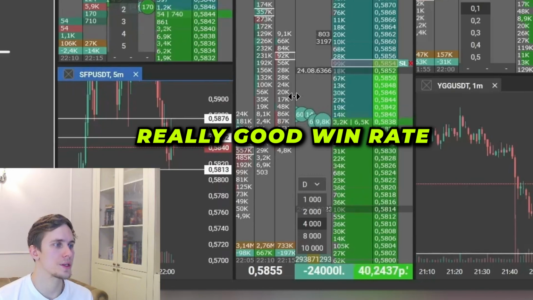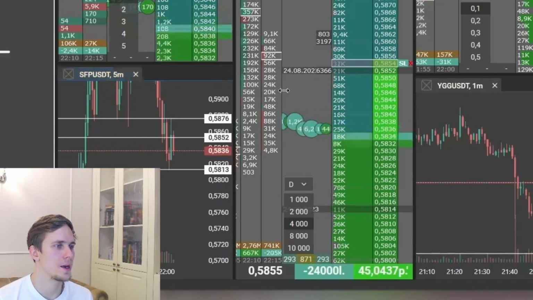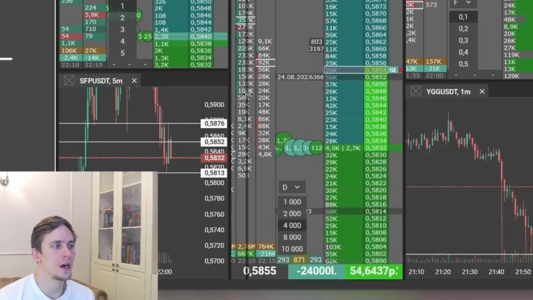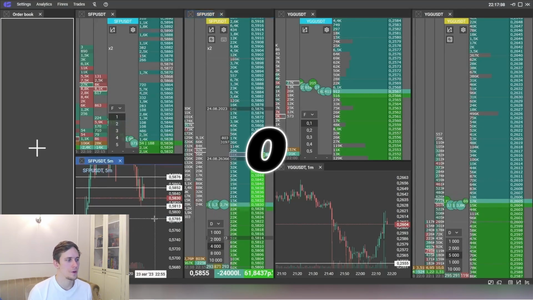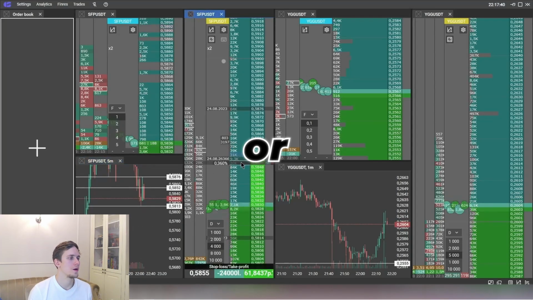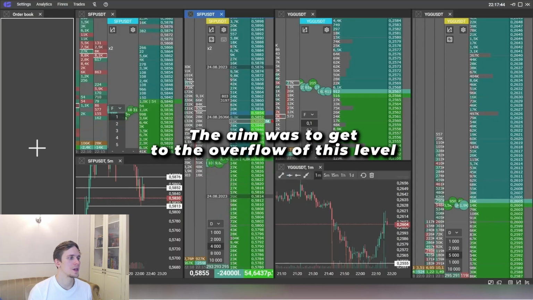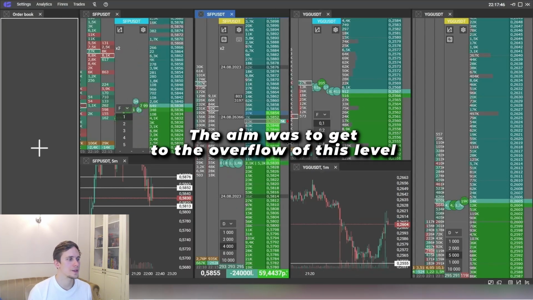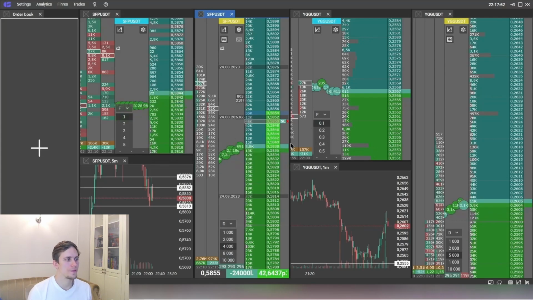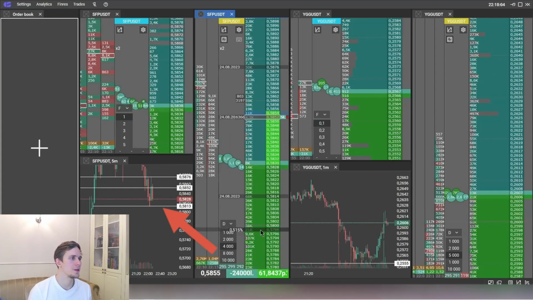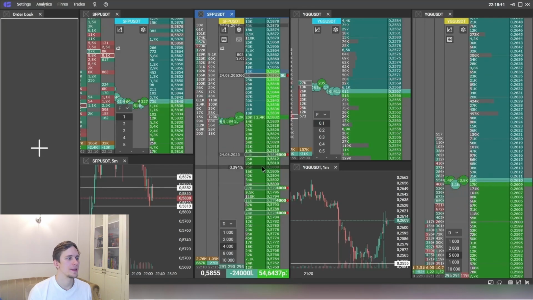The stop loss was already at break-even, and the only outcomes were zero or profit. The aim was to get to the overlow of this level, to renew this previous minimum.